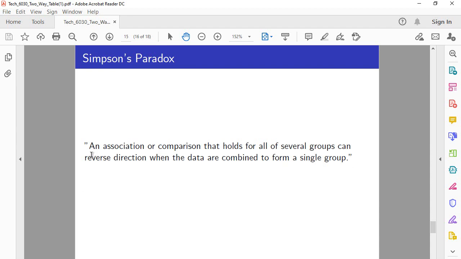An association or comparison that holds for all of several groups can reverse direction when the data are combined to form a single group. That is, the relationship that you might see in each of several groups of data, when you combine them into one big group, that relationship might reverse direction.